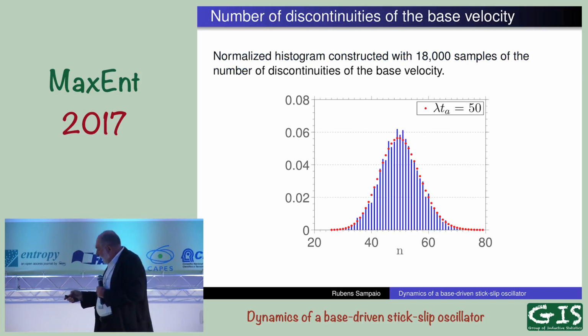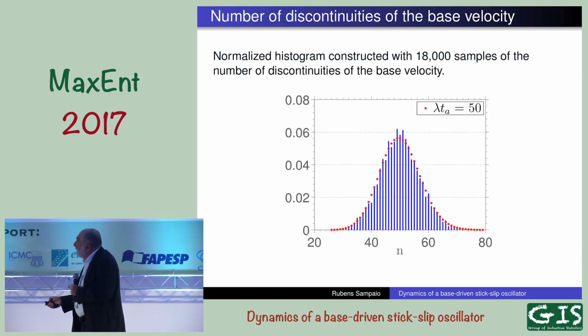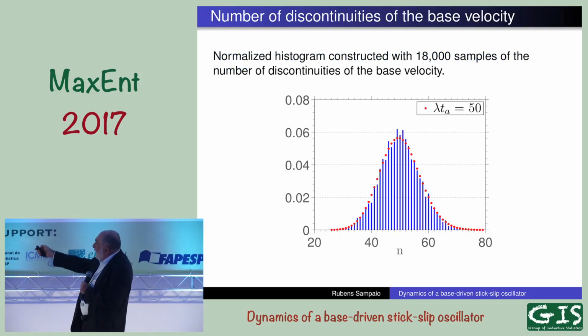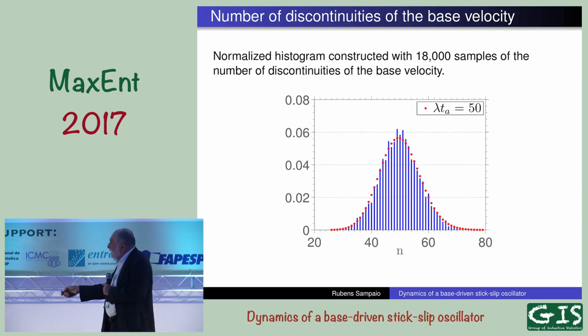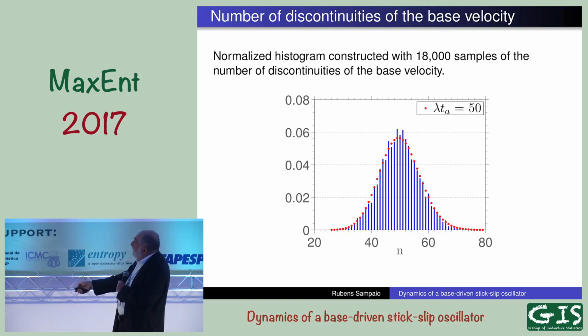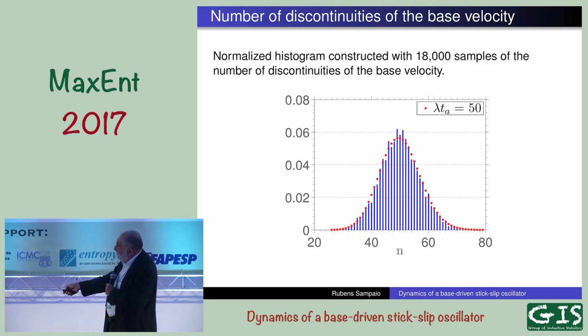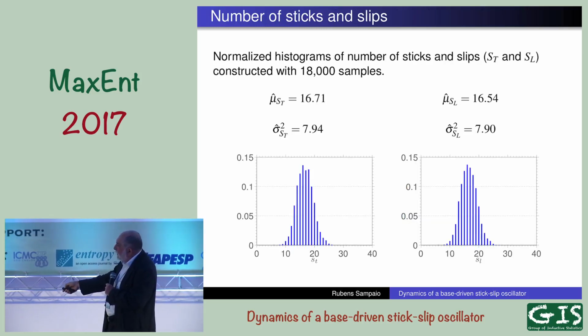So what one has here is, if I choose lambda equal 5 and TA equal 10, that's the histogram of the number of sticks. So I can have a realization and get this number of sticks and so on. Here's the mean.